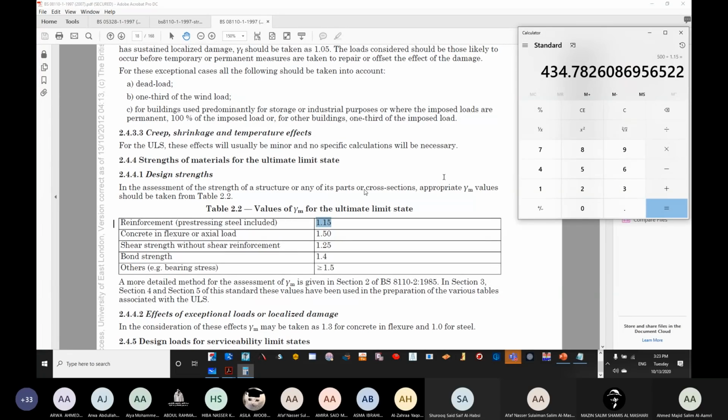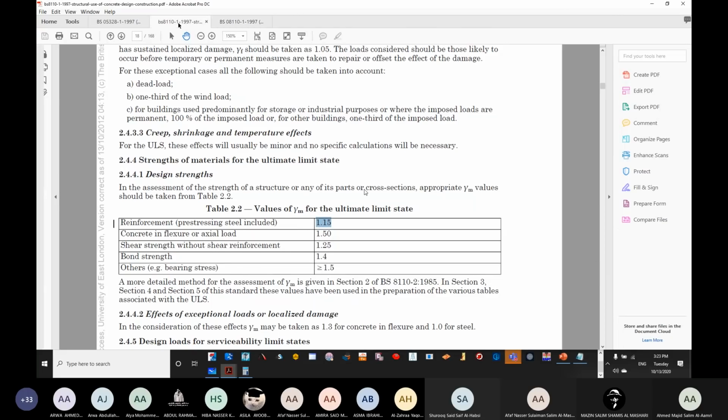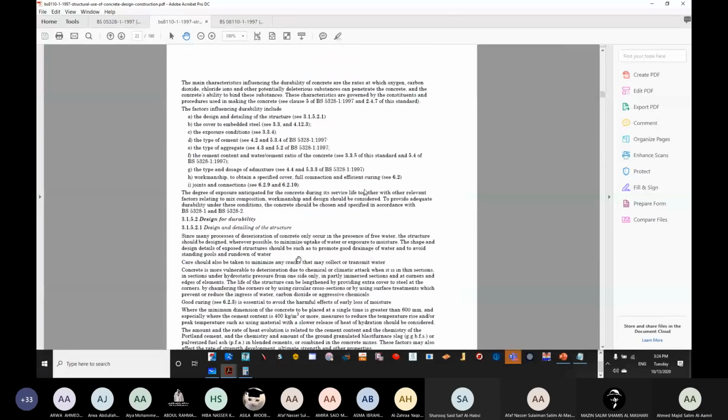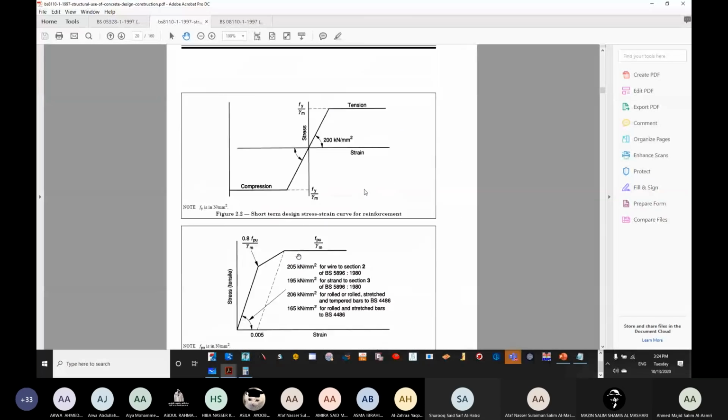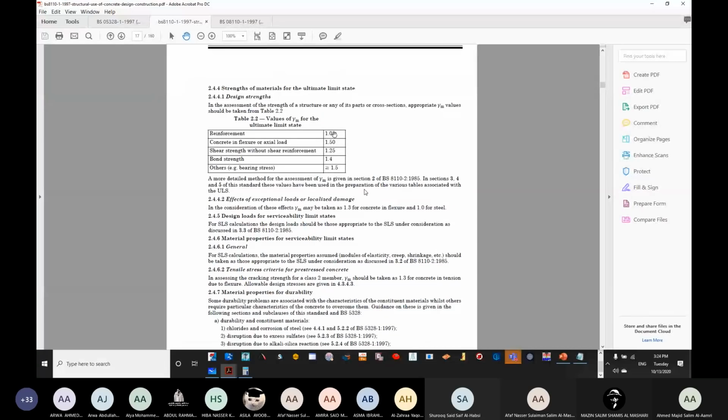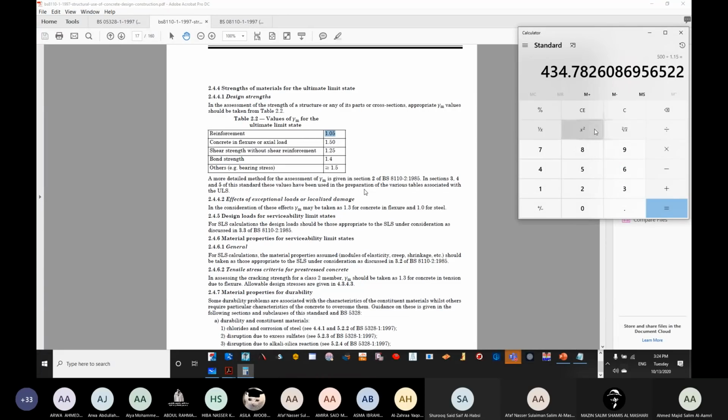Now, if it's 460, you can see the code changes the factor of safety from 1.15 to 1.05. So if we go once again to our calculator, this is 434.